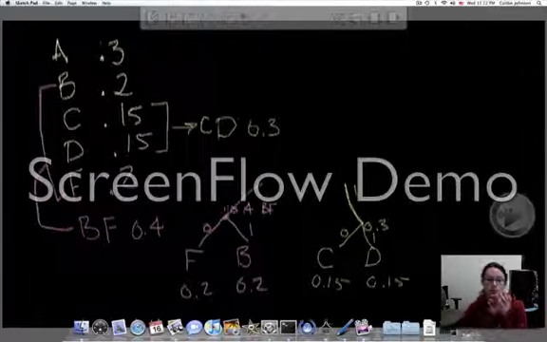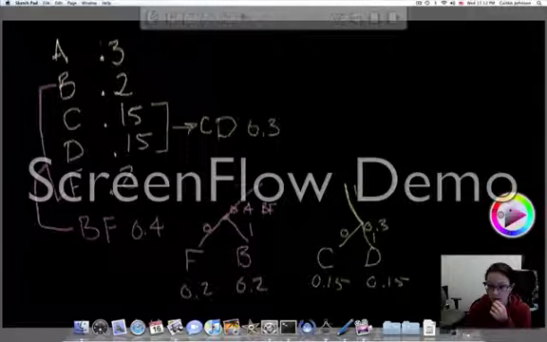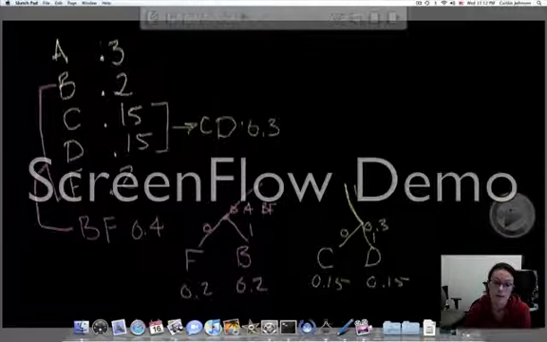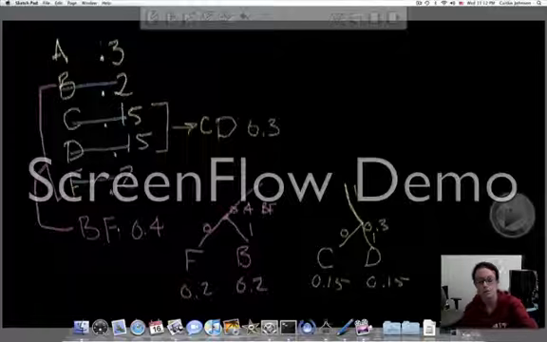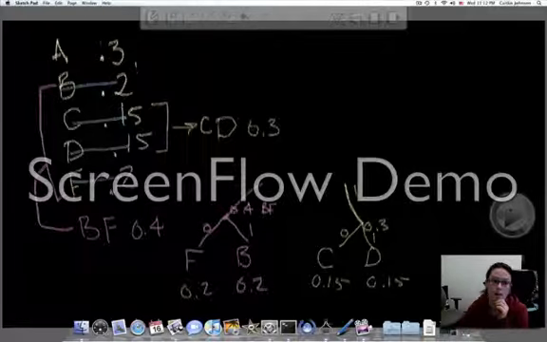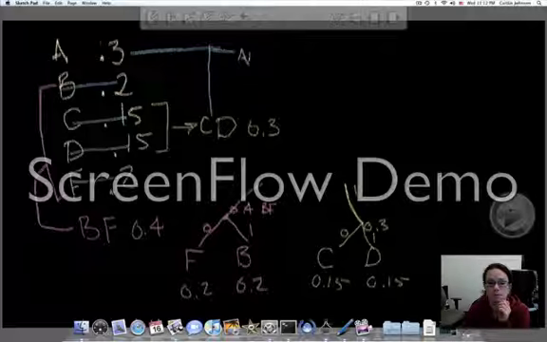So now, what are the two nodes with the smallest probability? Well, we don't have B anymore, we don't have C anymore, we don't have D, we don't have F, remember? So our choices are BF, CD, and A. It looks like A and CD are the two smallest now, so I'll call this ACD, not ACDC, just ACD, and put A here.